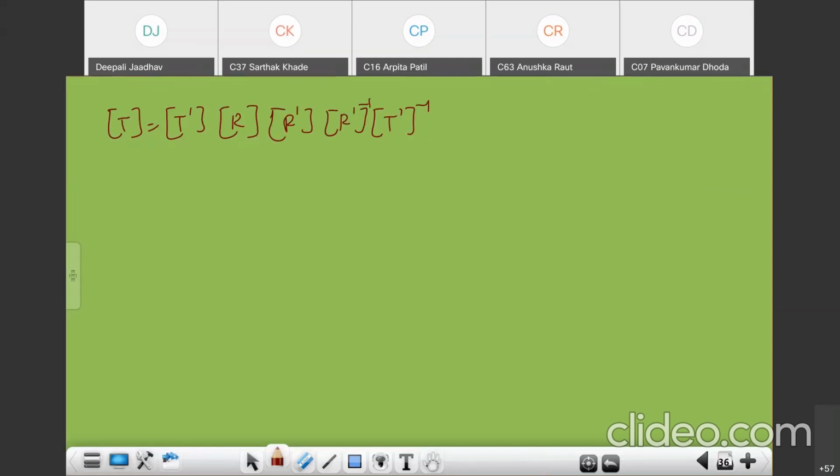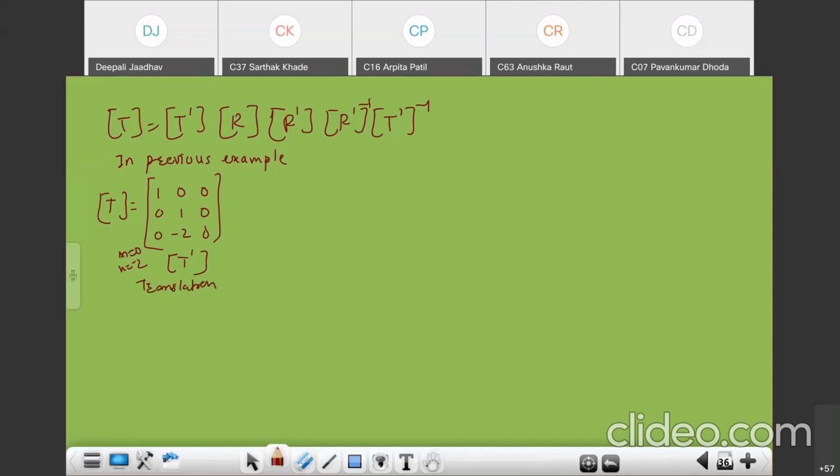Now, in that previous example, if we write all these transformation matrices together, then our final T is as follows. The first translation we perform is with -2: 1, 0, 0, 0, 1, 0, 0, -2, 1. That is m equal to 0, n equal to -2. That is our first step.